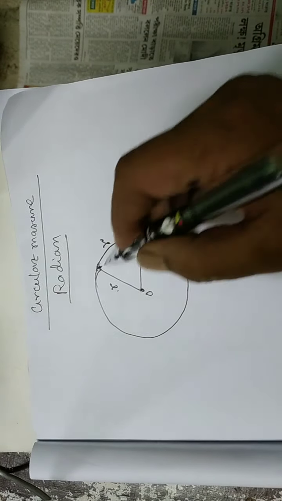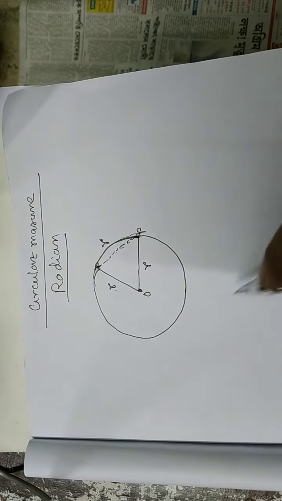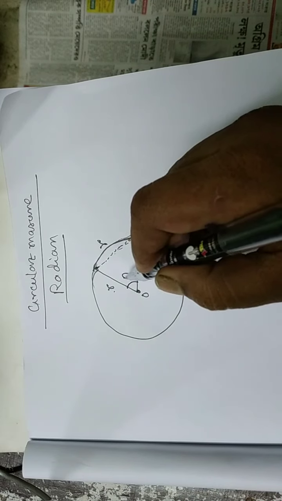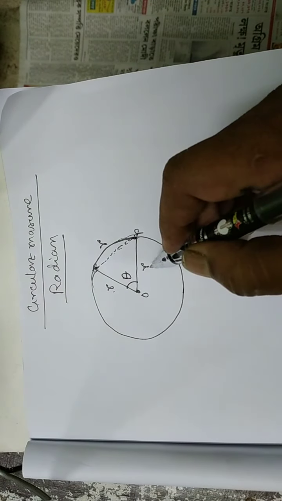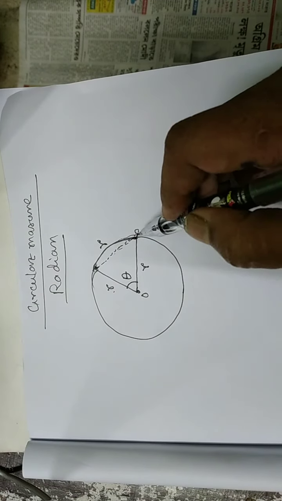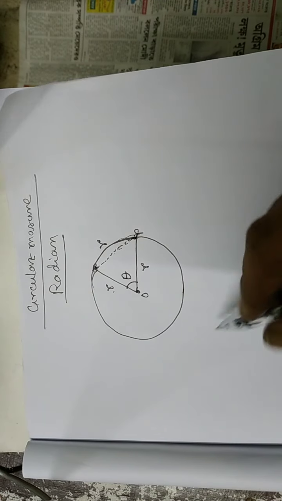So in this case, if this is theta, the normal relation is the arc length divided by radius is theta in radian.